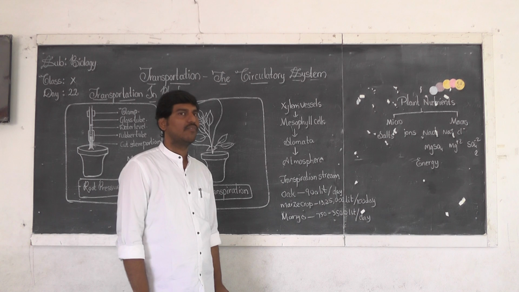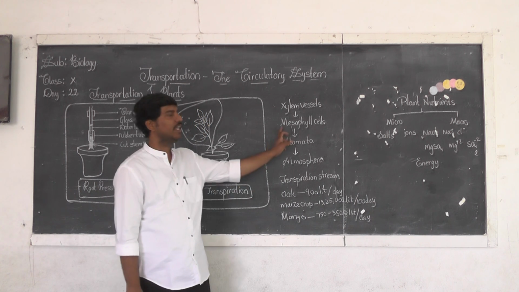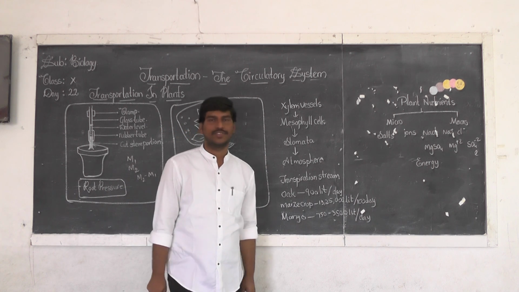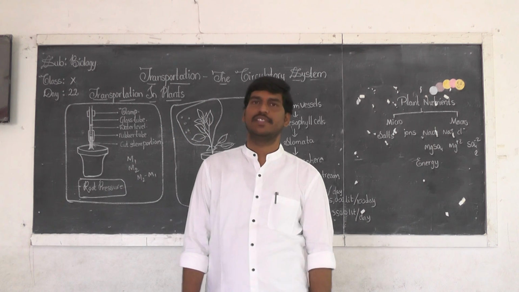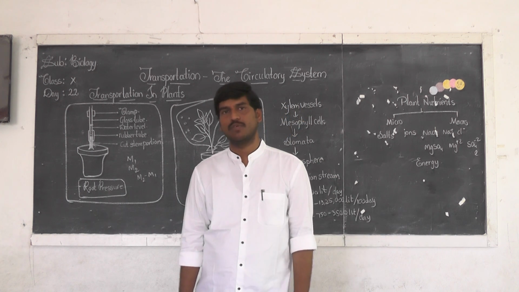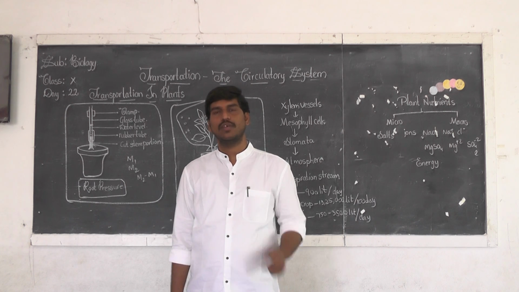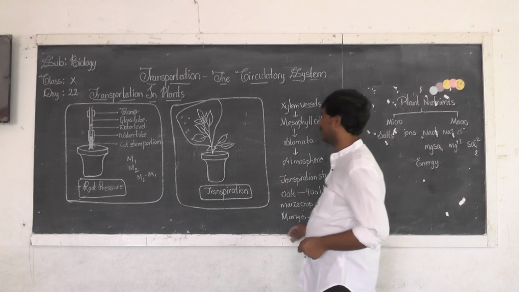From the xylem vessels, this water enters the mesophyll cells of the leaves. I hope you know what mesophyll cells are: palisade parenchyma and spongy parenchyma, the cells present in the leaves. So now the water is entering the mesophyll cells, right?